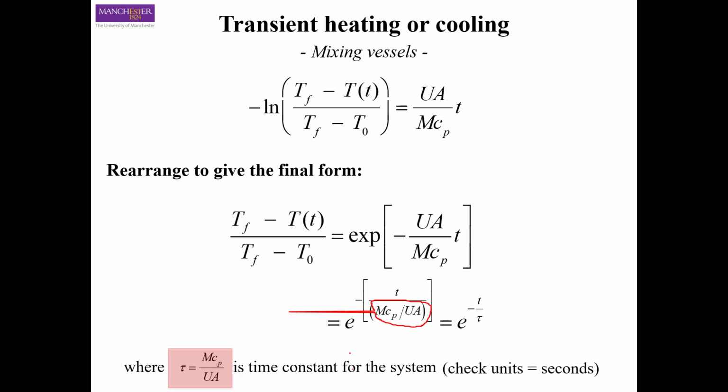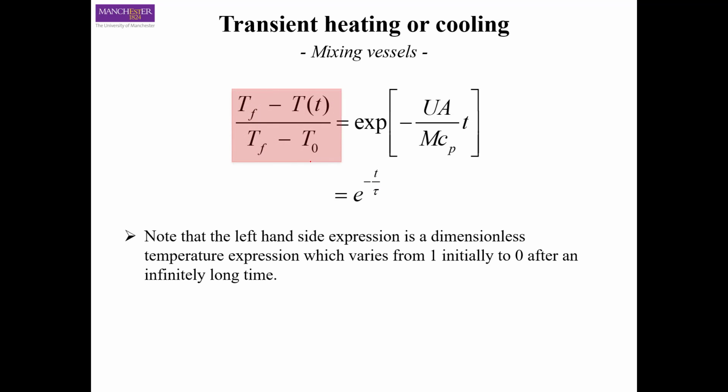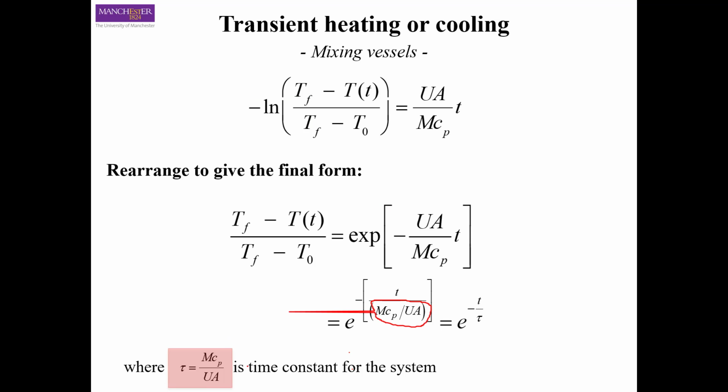We can rewrite this equation in this simplified form. The temperature fraction is equal to e raised to the power minus time over tau. If you look at both sides of this equation, we have a dimensionless equation. Here t is in time and tau is also in time. After this lecture, please try to put the values of these different parameters in this equation and see what the unit of tau is.